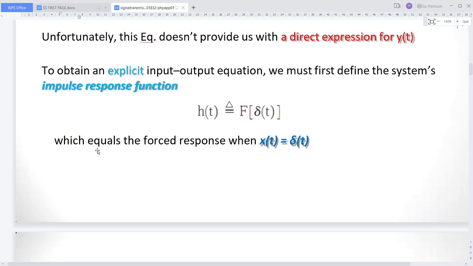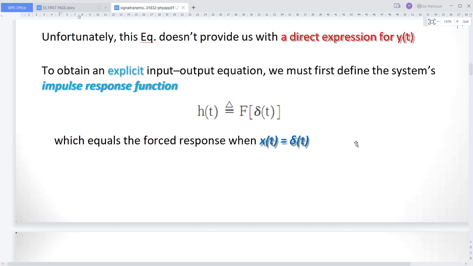So now here, in place of x of t, the input signal, we take an impulse signal, and by applying the impulse signal we get the output, the response, that is called the impulse response function. So h of t is the impulse response function, that is h of t by applying the impulse signal, that is delta of t.